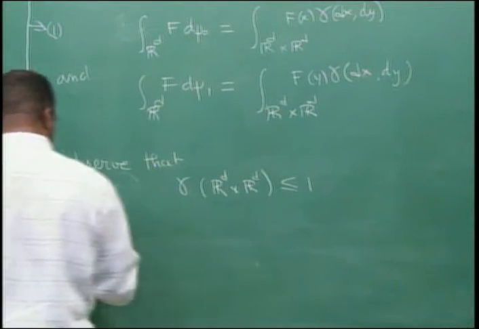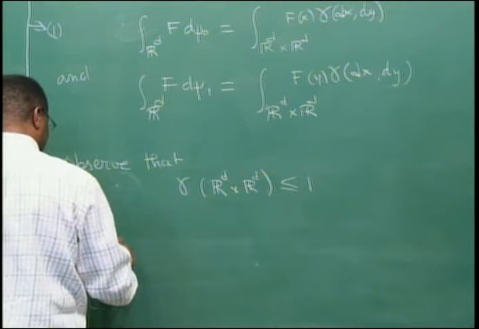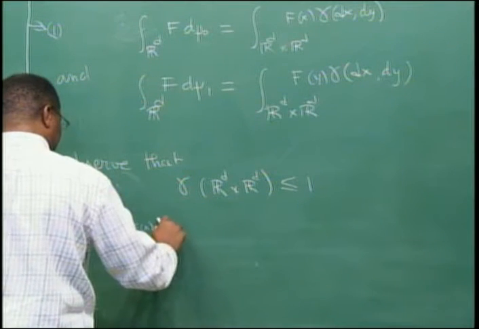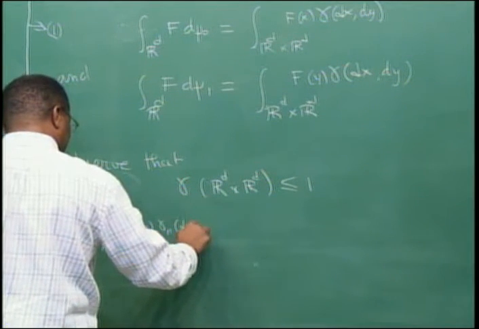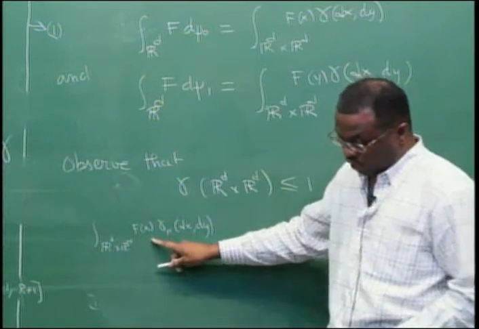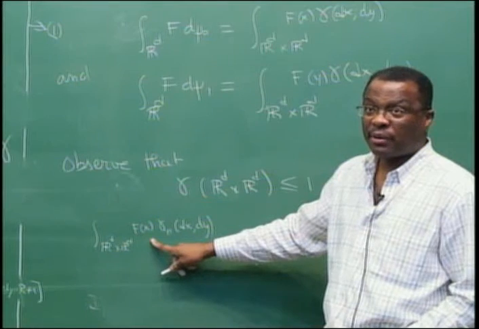Now, you write the integral over Rd cross Rd of f of x gamma n dx dy. This function is not of compact support in the y variable.